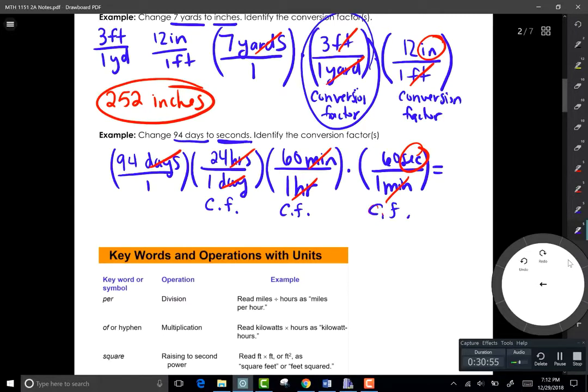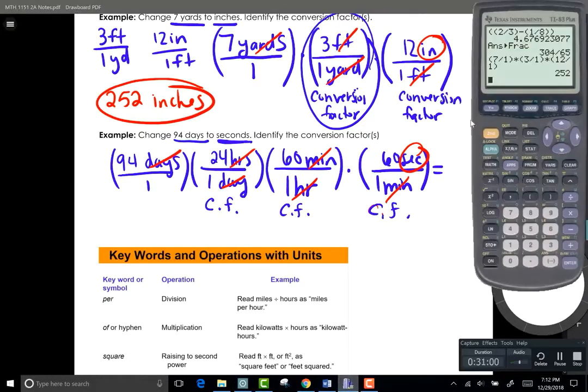So now I just have to put all of this in on my calculator. It's a string of multiplication of fractions. So in parentheses, I'm going to do 94 divided by 1 times 24 divided by 1 times 60 divided by 1 times, and then again for the seconds, 60 divided by 1.